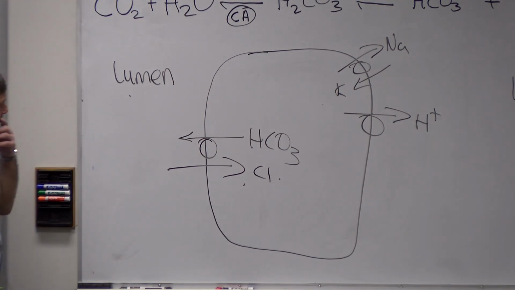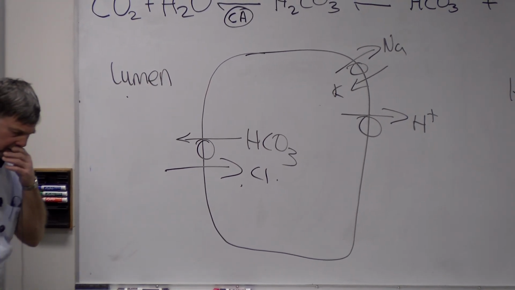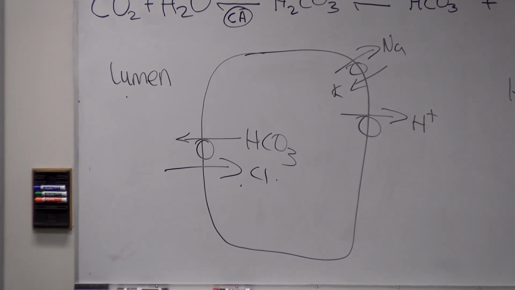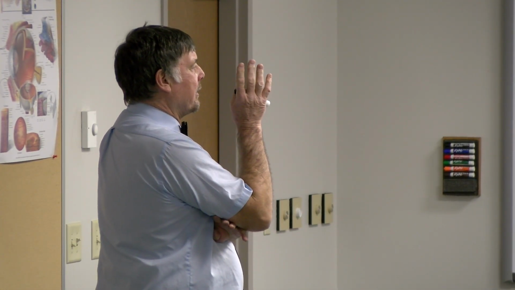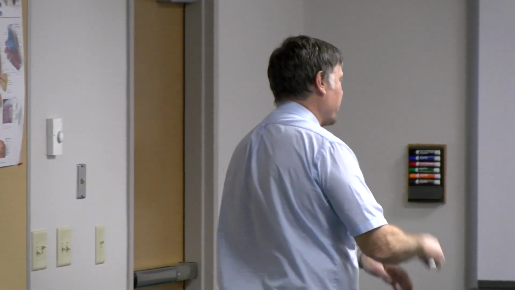So why would we need this? Well, this is a cell that's geared up to excrete bicarbonate. And so, presumably, if you have an alkalosis, you might need a special mechanism for getting rid of bicarbonate.